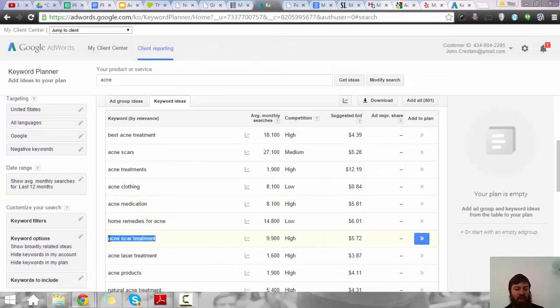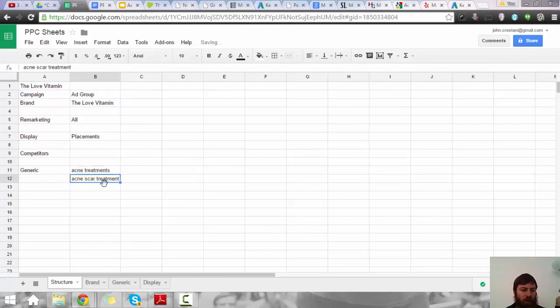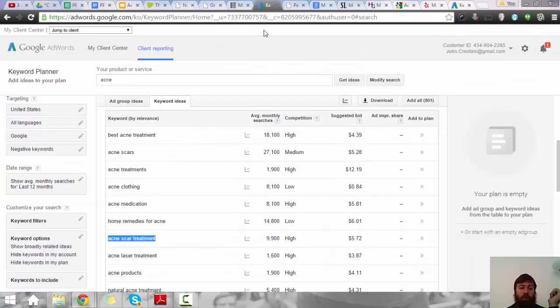We're going to say acne scar treatments, so we're actually getting more specific. Even though it's a more specific term, it's actually got more search volume. So that means I might want to get rid of acne treatments, because personally I'd rather go more specific where there is more search volume. Acne laser treatment.